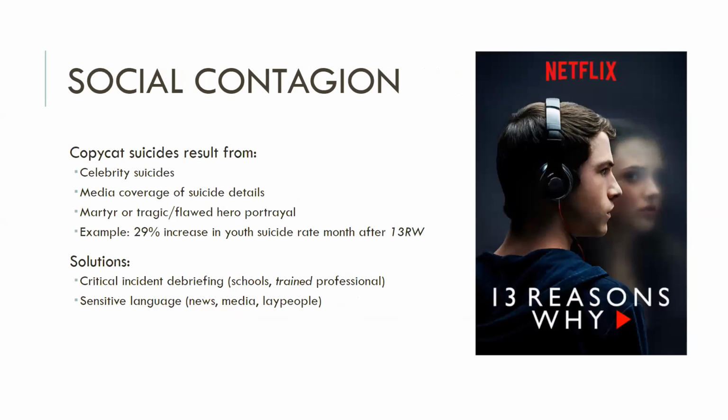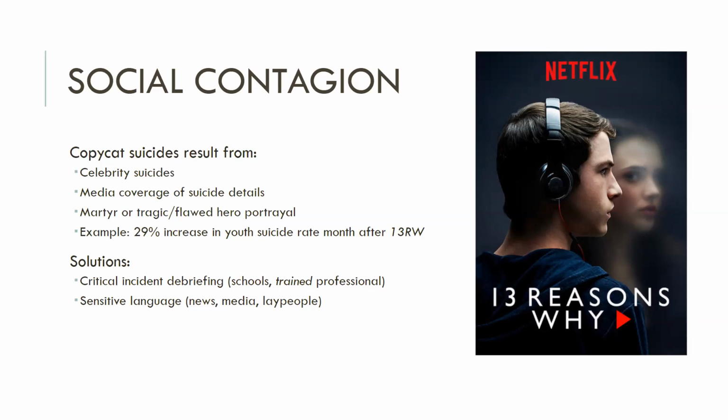And then finally, we touched on this in going over sensitive language. But the final topic that I want to touch on relating to suicide is the idea of social contagion and how we talk about suicide after one has occurred to prevent that social type of clustering that we talked about earlier.